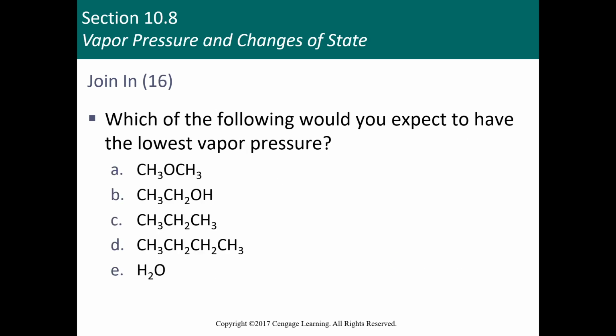Which of the following would you expect to have the lowest vapor pressure? Well, that's probably going to be the one that hydrogen bonds, right? Water. Now again, many of these questions can be done if you just sit back and think about things that you happen to encounter in your life. Here we have things like butane and such, right? These are things that tend to be vapors. This is butane in a lighter.